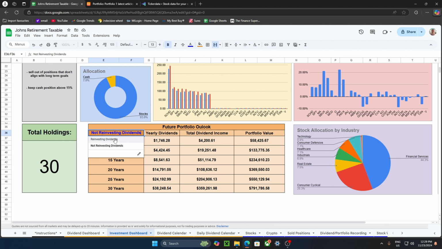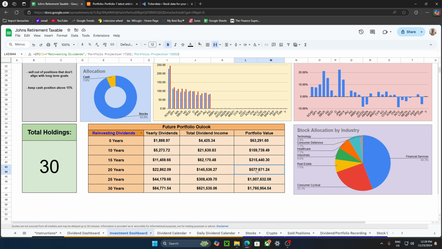If I switch this over to reinvesting, in 20 years I'll be making $22,000 a year. That is just under an extra $2,000 a month on top of my job, on top of my W-2 employee earnings. This is all extra income.